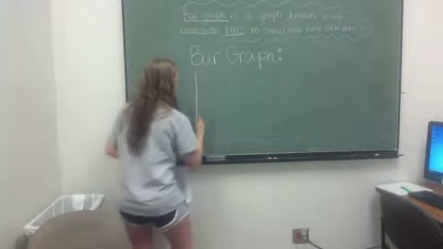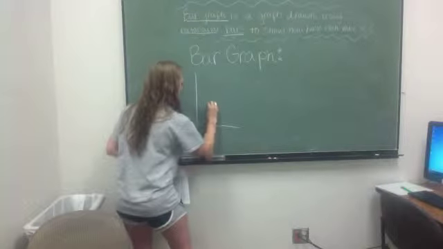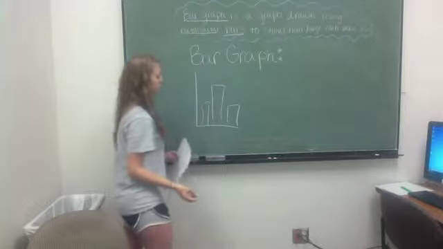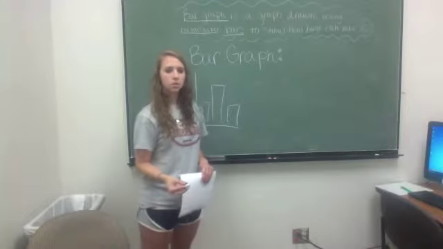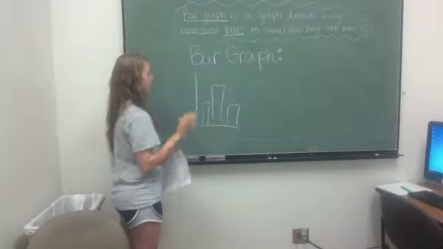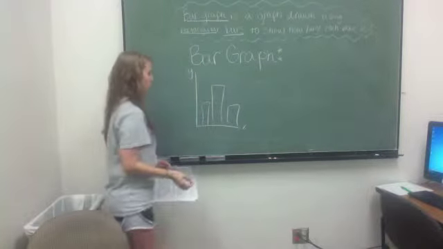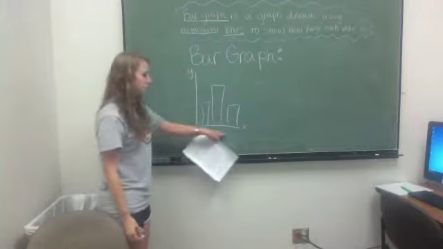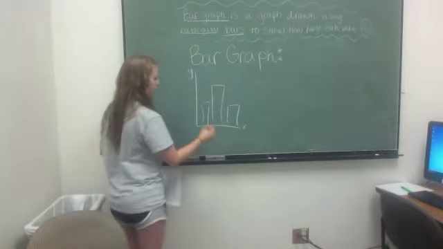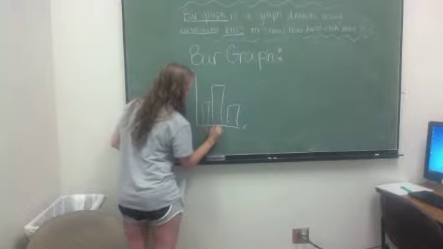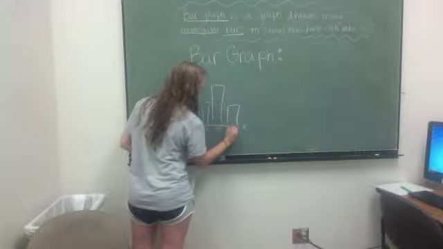So, if I have this graph, tell me what I'm missing. I didn't label my X and Y. Very good. And down here they have to be labeled. Good. So if this was a sport, we put volleyball, basketball, softball.